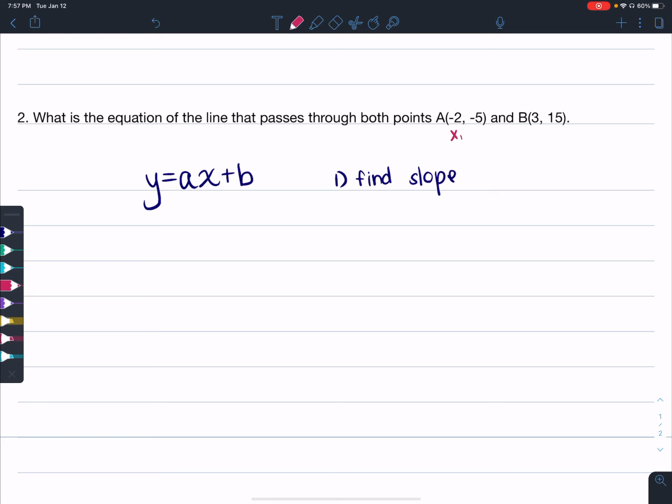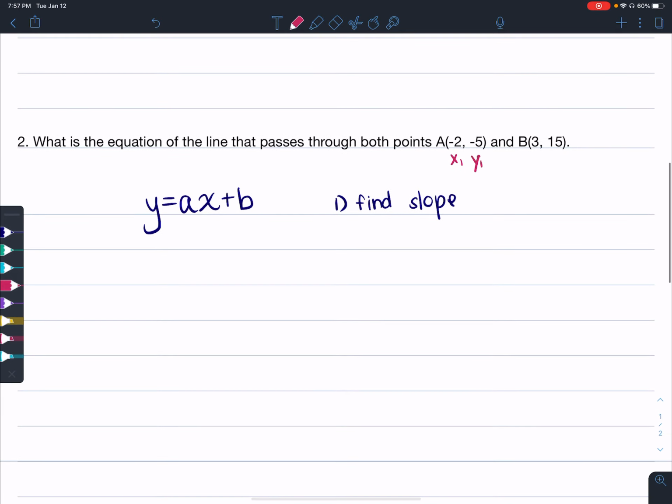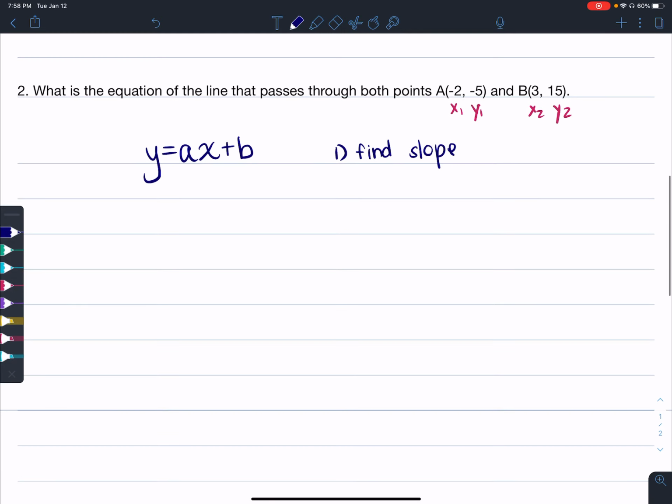So we need to label. A equals y2 minus y1 over x2 minus x1. Y2 is 15. Y1 is -5.